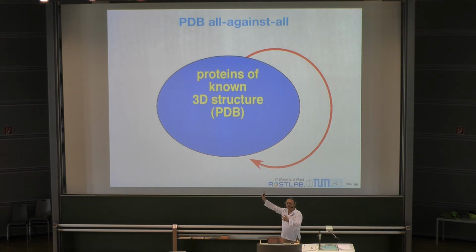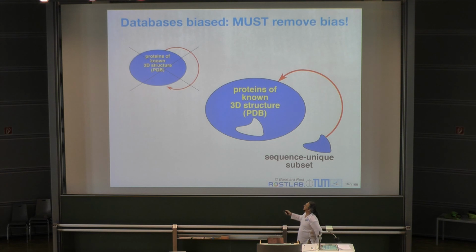No sequence comparison. I have to do it slightly differently, so I take an unbiased subset and do one unbiased against all. And then I simply count for every pair for which I know the 3-dimensional structure is the same, what's the level of sequence identity implied by that structural superposition?